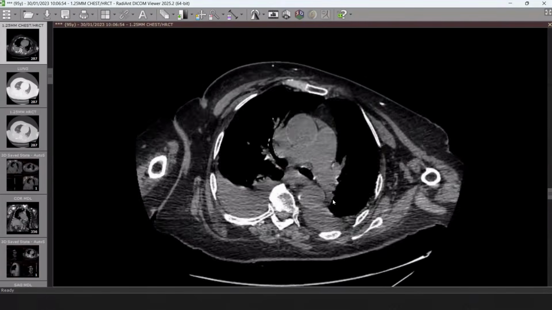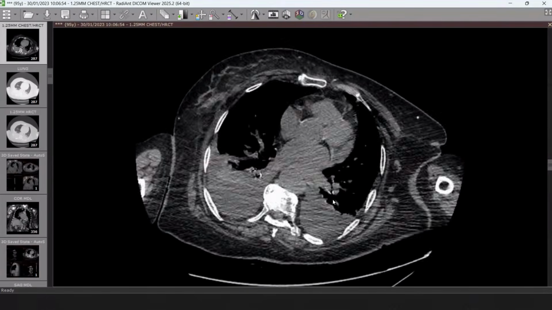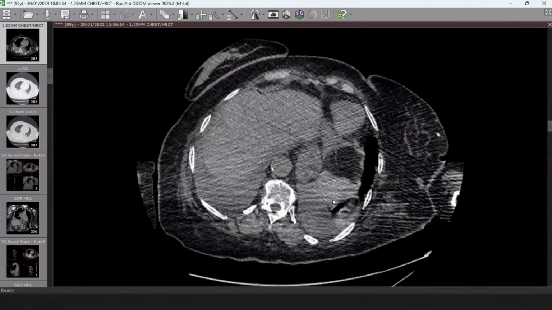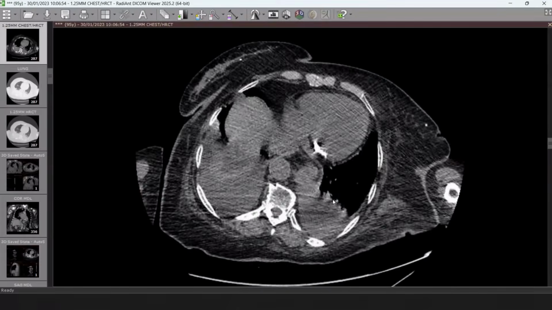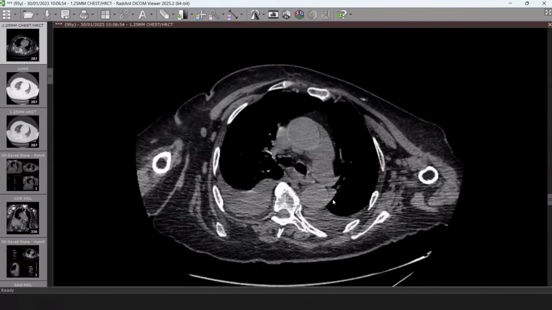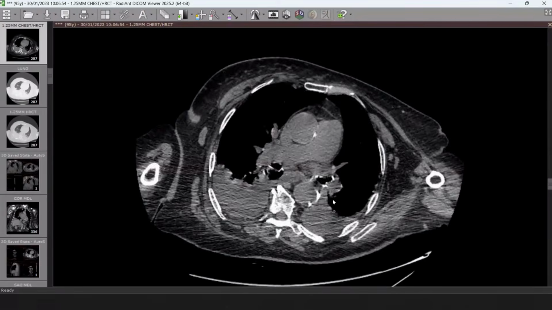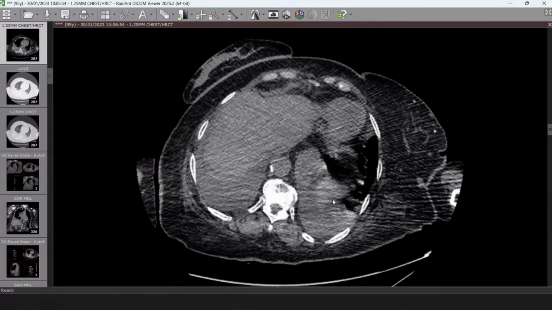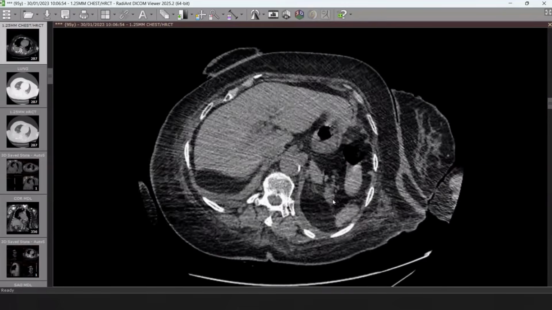Do you have any other abnormalities? I'm just looking at the carinal level. If you can show the subcarinal level. I think it's free. It's okay. I feel there is some high density.